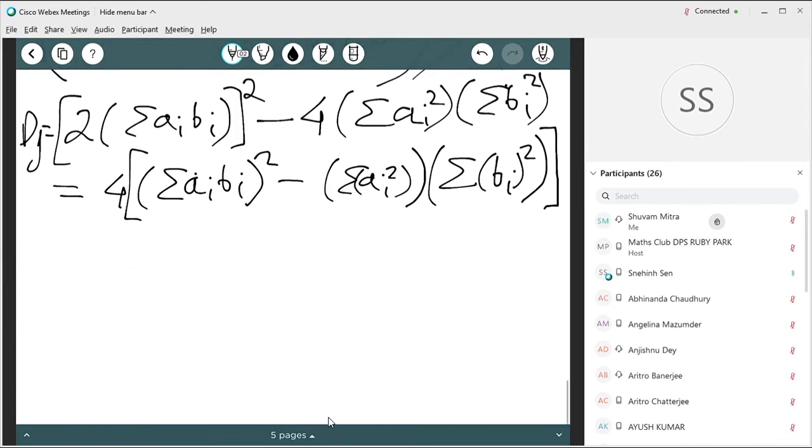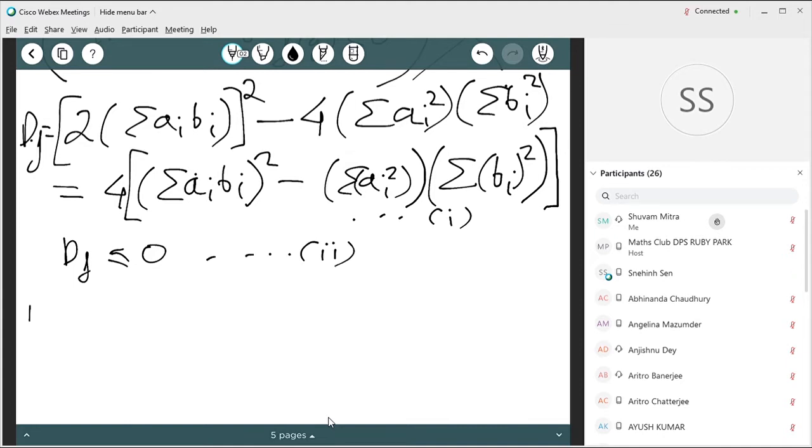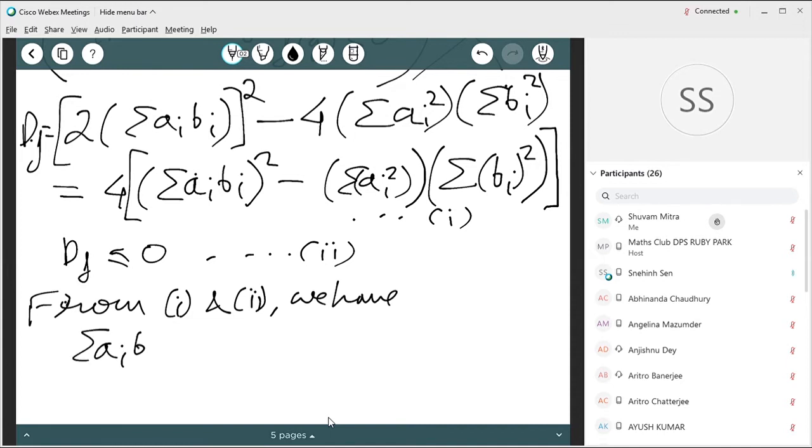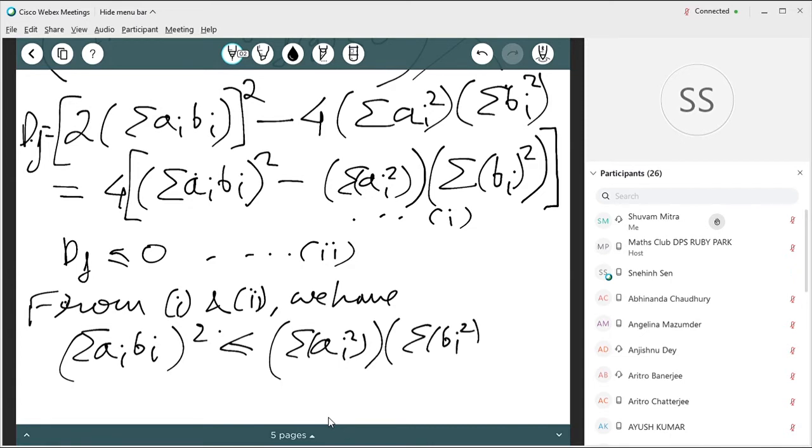And what's df? I know df is less than or equal to 0. So from df less than or equal to 0 and this, if I call this 1 and this 2, from 1 and 2 we have (sigma ai bi) whole square is less than or equal to (sigma ai square) times (sigma bi square). So that's what we wanted to prove.